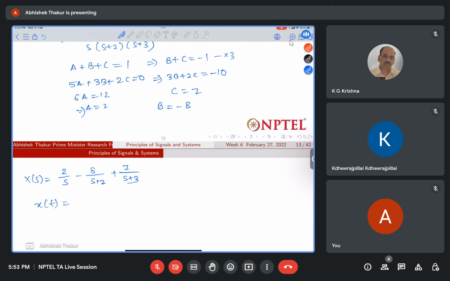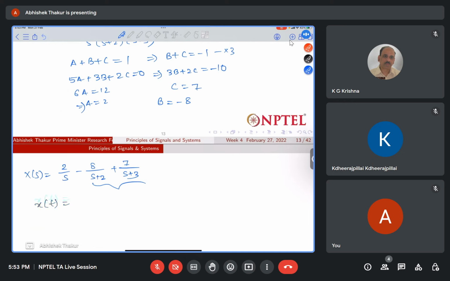We know that for 1 by s, that is u(t), so it will be 2 into u(t), and we can take u(t) outside because all these are right hand signals, so it will be multiplied with u(t), so that the intersection of the regions of convergence also matches.